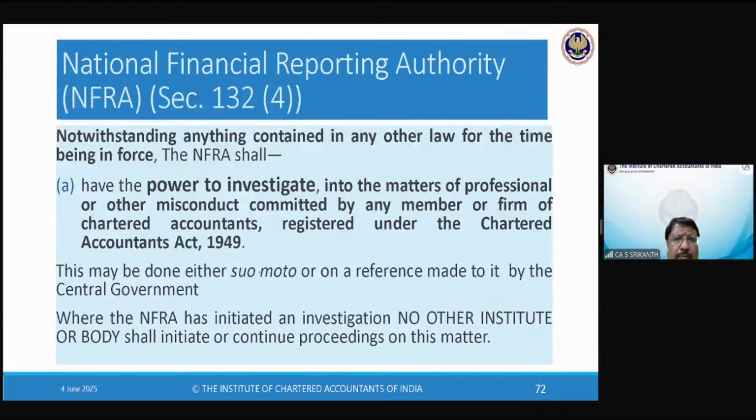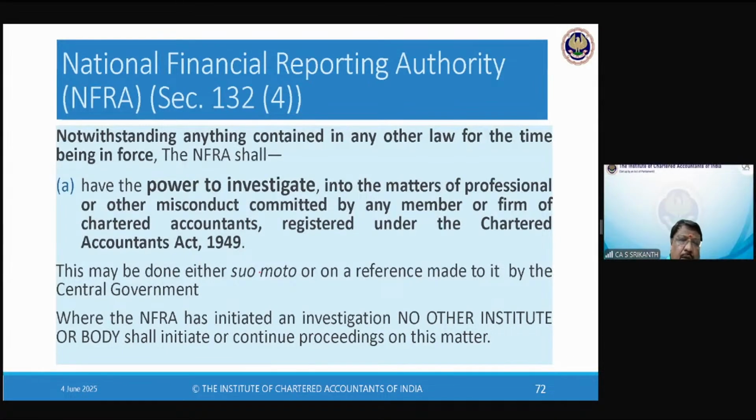He has been openly acquitted, where very clearly the judgment says that the auditor has not done anything wrong. He is not a fraud. Therefore, he has been acquitted by the court. So that is also there. Whatever NFRA may do, NFRA is not the ultimate authority. The judicial framework is also there, to which the member can go and have recourse.